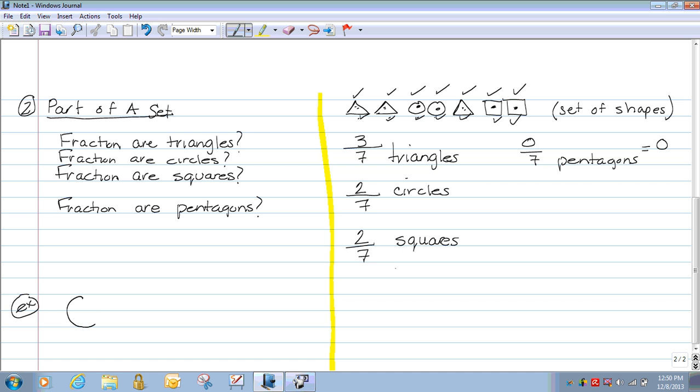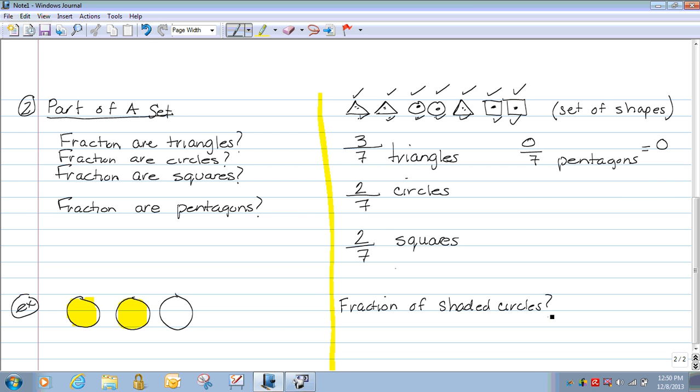Let's do another example. If I have 3 circles, and I am going to shade 2 of those circles, I want to know what is the fraction of shaded circles.